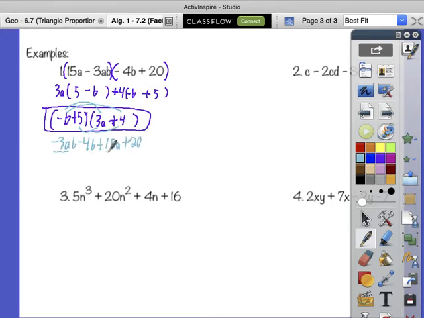Negative 3ab would come first, 15a comes second, 4b comes third, and 20 comes fourth. But I have negative 3ab plus 15a minus 4b plus 20. And now this is the same thing as what we started with, except it's in a different order. That first one wasn't in standard form.